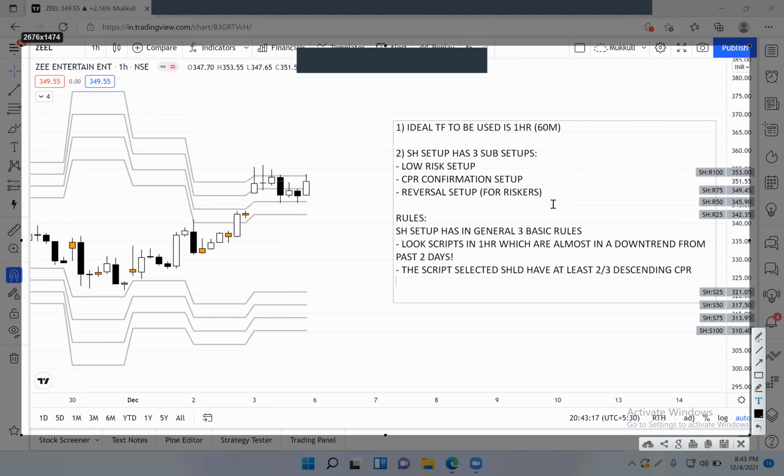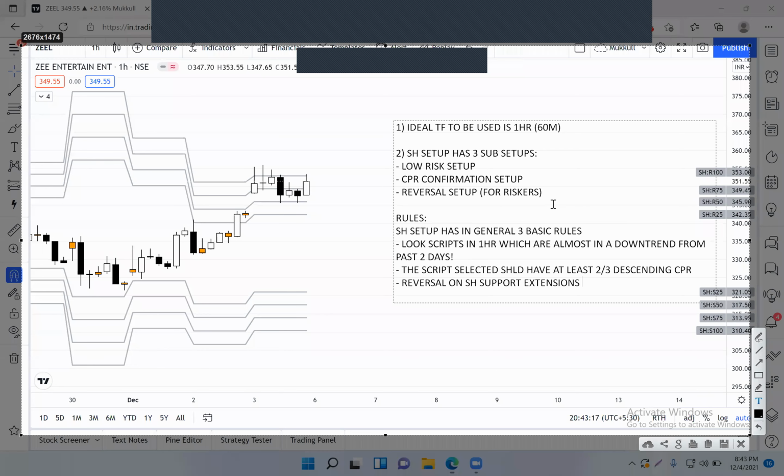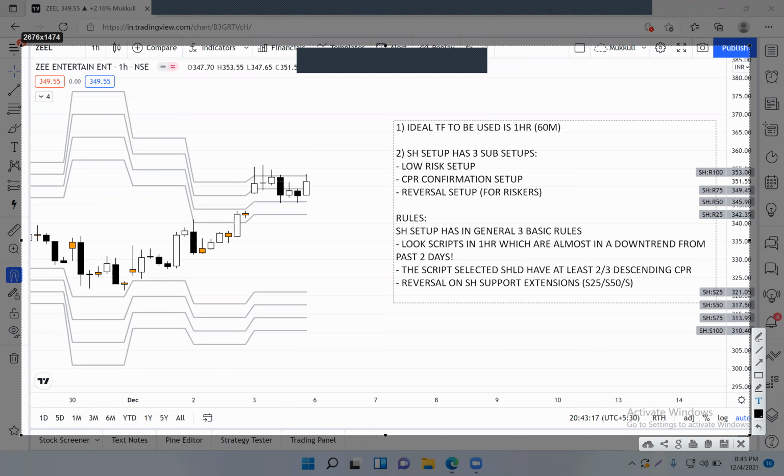And the last rule is reversals on SH, which is support extensions, that is, in brackets I write it as S25, S50, S75. We will look till here.